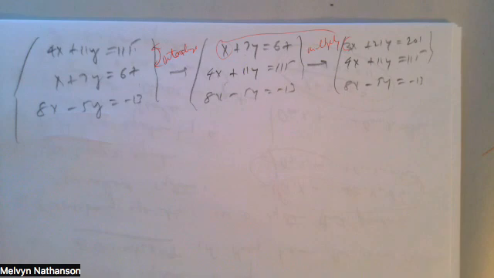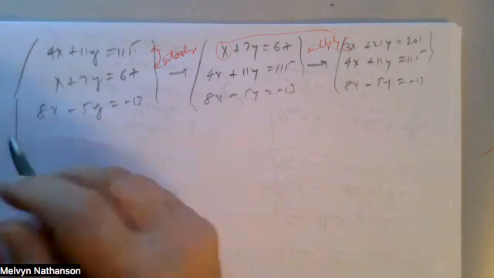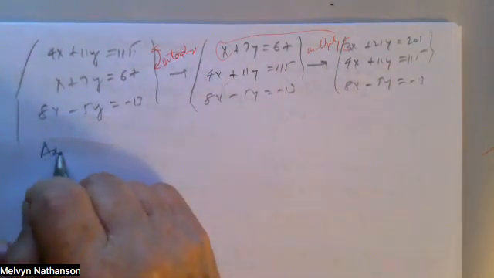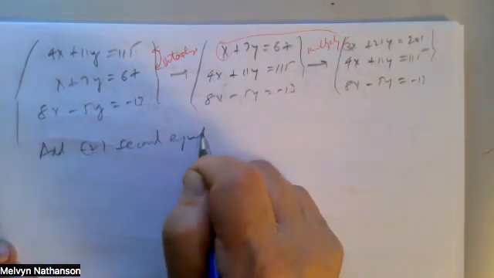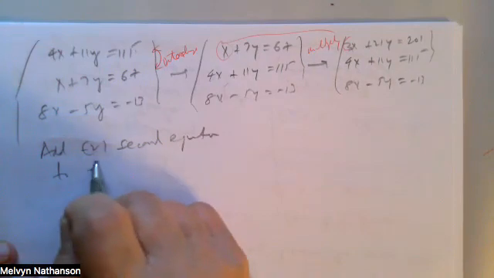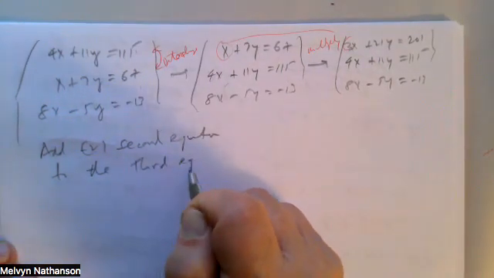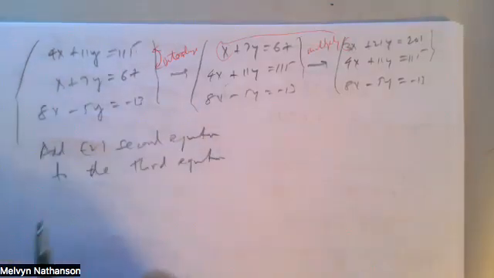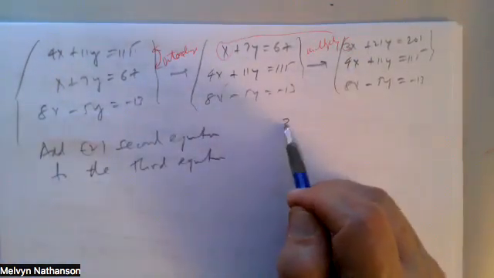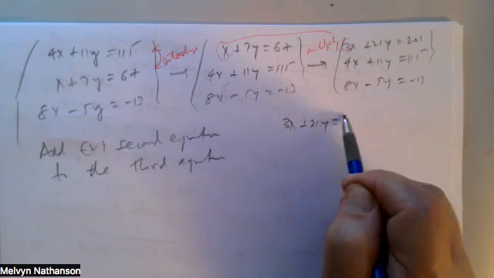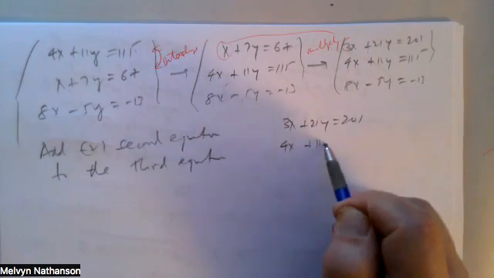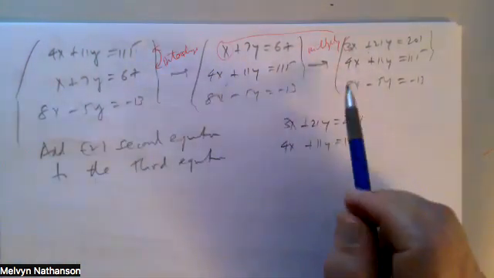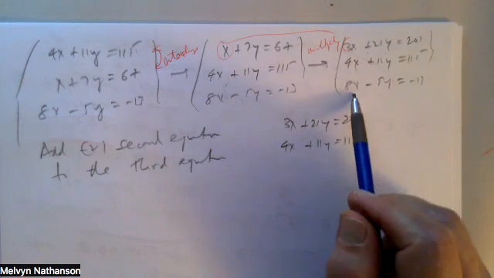And then the last example, which is a little bit trickier, suppose I add minus 2 times the second equation to the third equation. My first equation is still 3x plus 21y equals 201. My second equation is still 4x plus 11y equals 115. But then I add minus 2 times this to this.